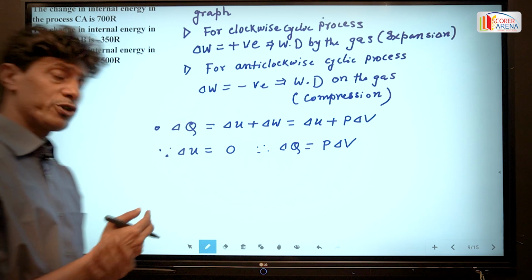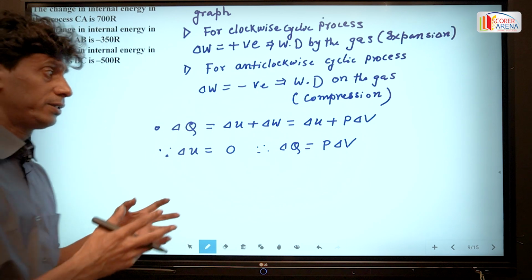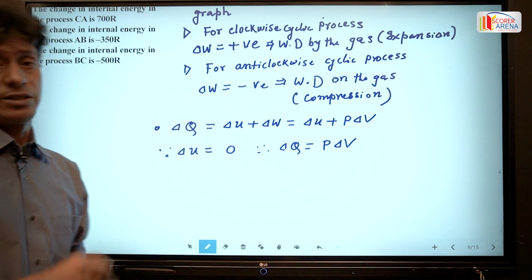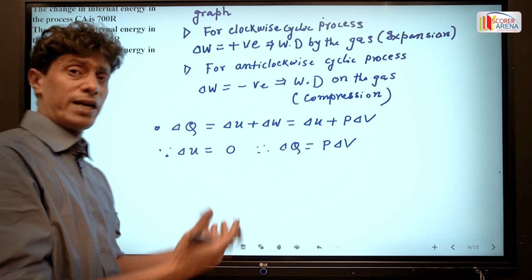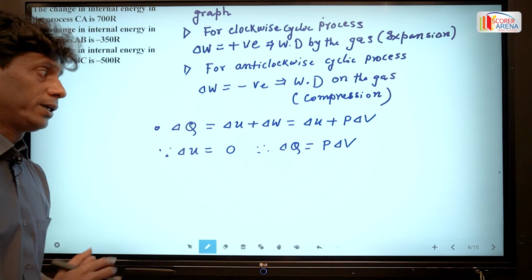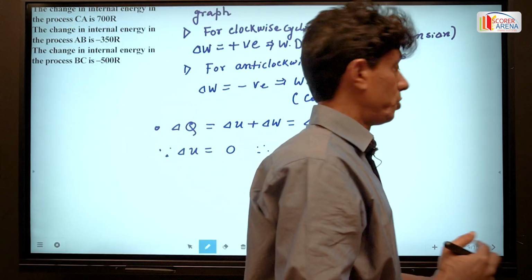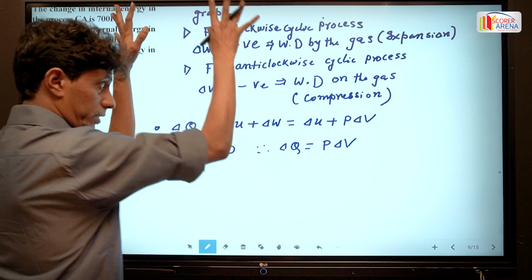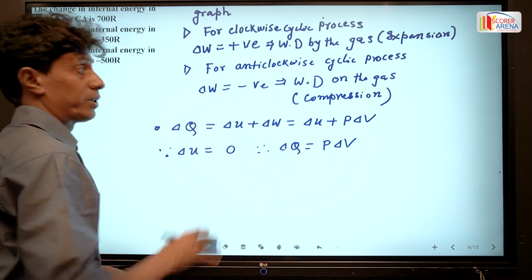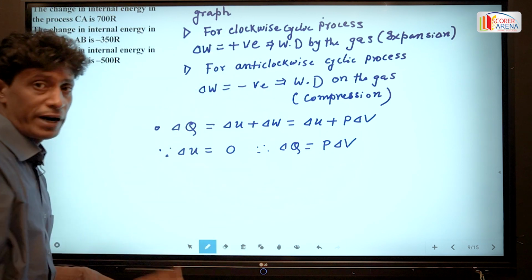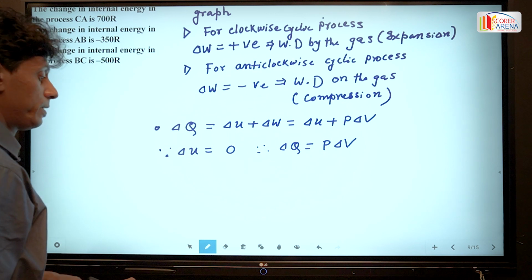If the work done is positive, it means heat absorbed by the system. If the work done is negative, it means heat ejected by the system. So these are the points for the cyclic process you should keep in mind at all times.